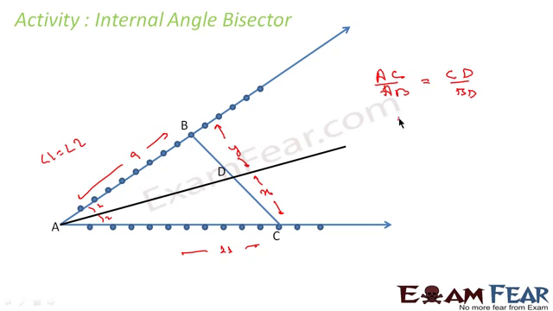That is, 11 by 9 will always be equal to X by Y in this case. If you take another point, then AC will vary, it will be a different value. That's how it is. You take any angle, create the angle bisector, and you'll observe that AC by AB will always be equal to CD by BD. This you can try on your paper with a pen or pencil.